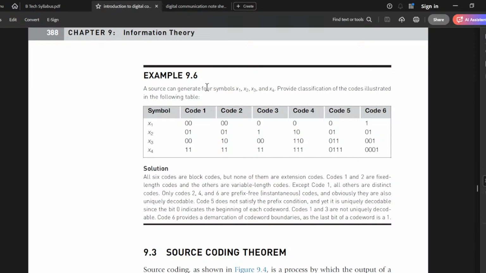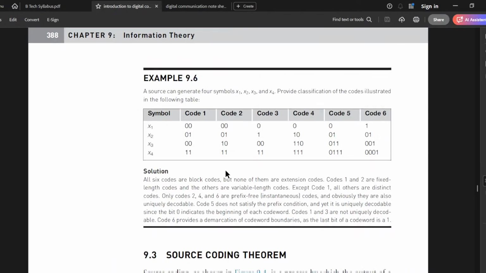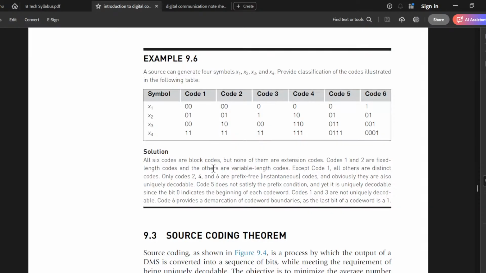All six are block codes, using 0 and 1 with the code words. But none of them are extension codes. Codes where the lengths are fixed, length 2. Here it's not fixed.